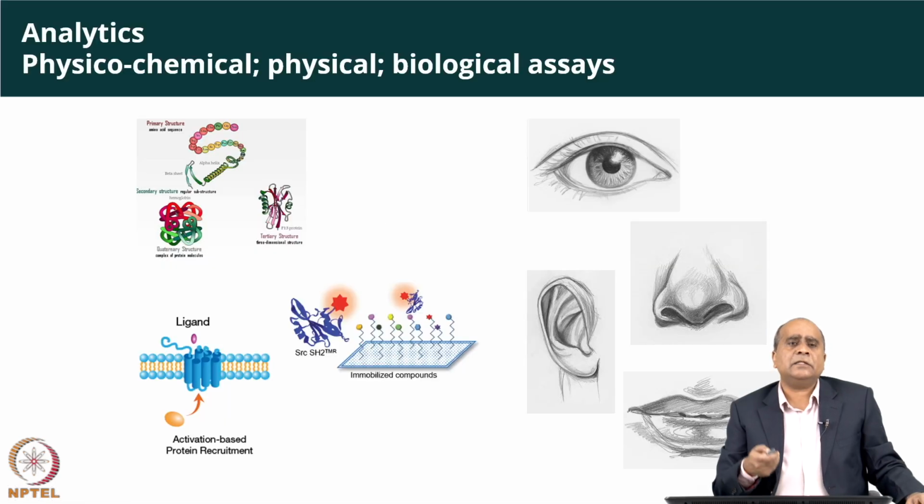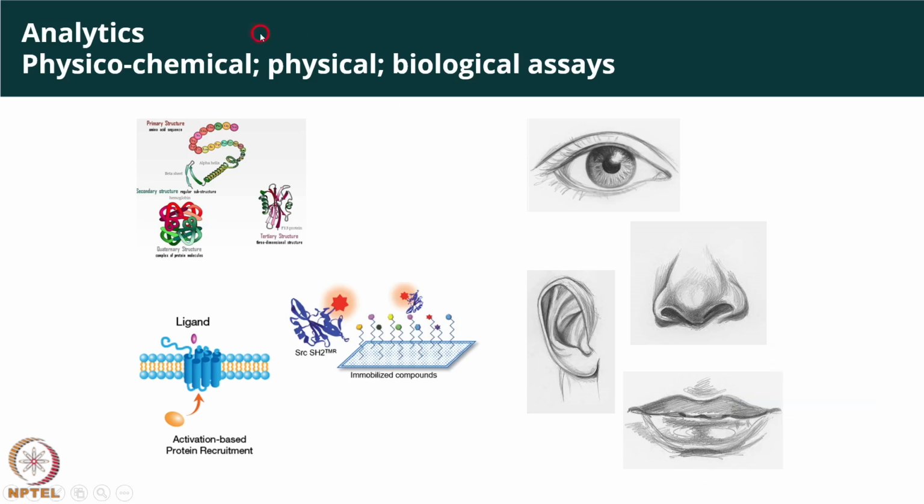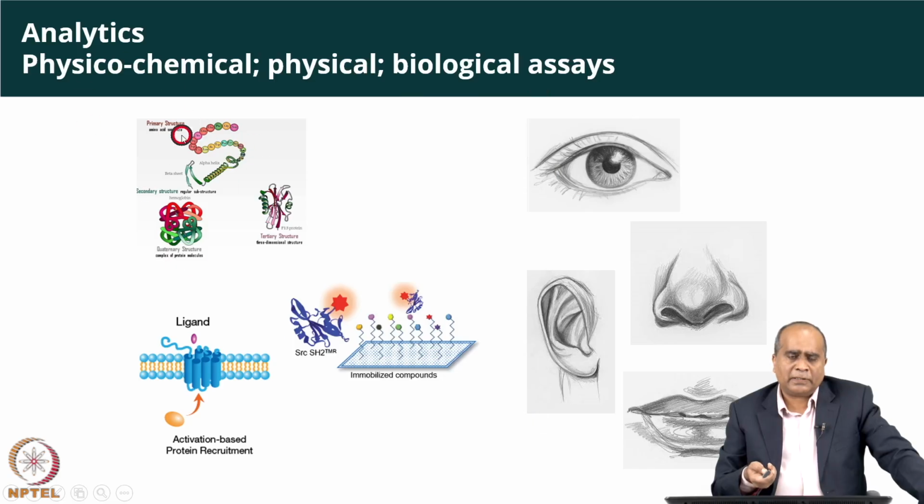So, analytics, the physiochemical, physical or biological assays, are basically the eyes, nose and ears of any biomolecule. Just as we sense using our sensory organs, analytical tools can sense the physiochemical and biological properties. So, physiochemical means the primary structure, secondary structure and tertiary structure of a protein.